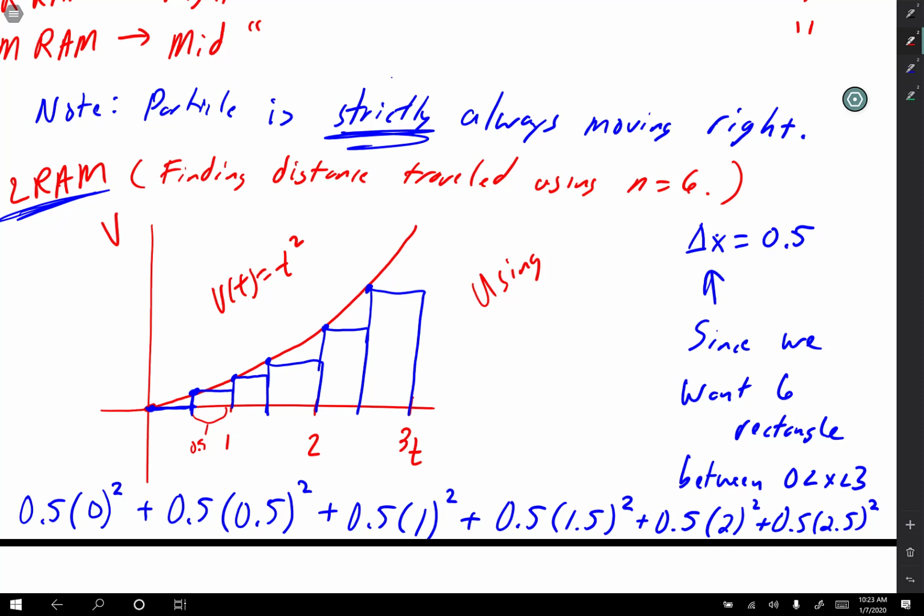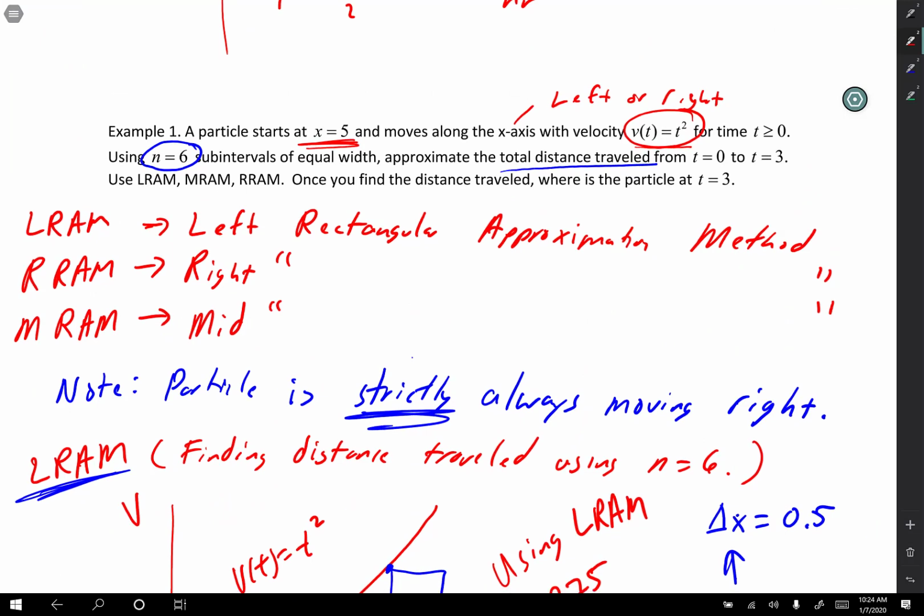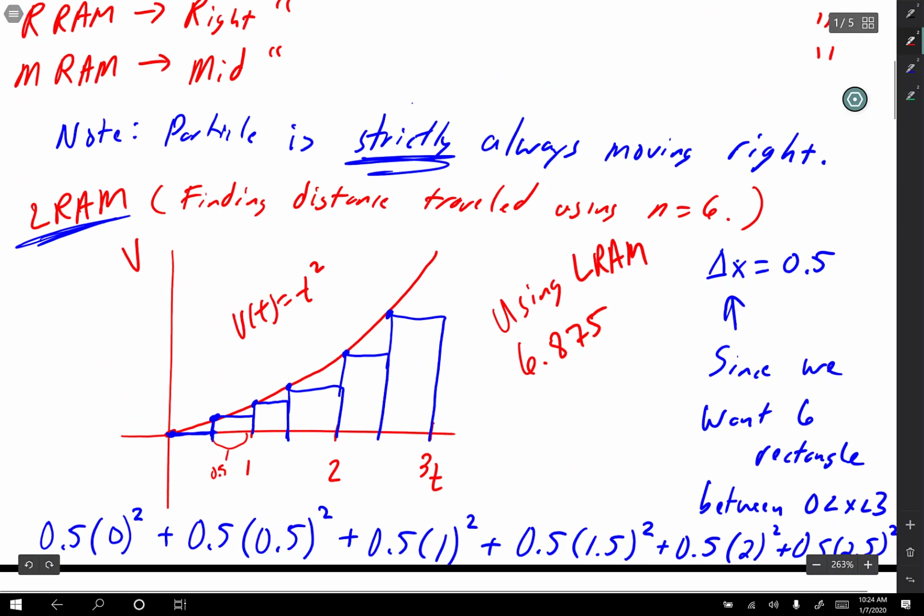All right. So using LRAM, I got 6.875, and we'll talk about distance in a little bit. There's no units on this one. There should be, but I took this question verbatim, so there's no units at the moment. That's using LRAM.